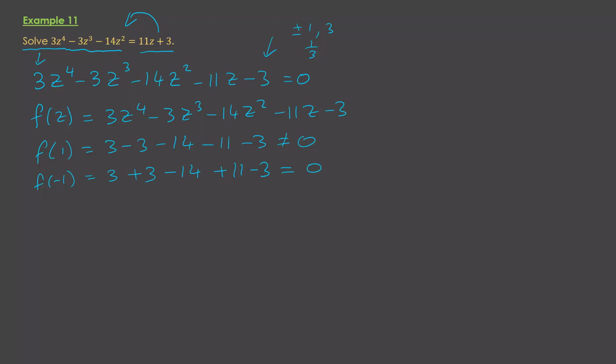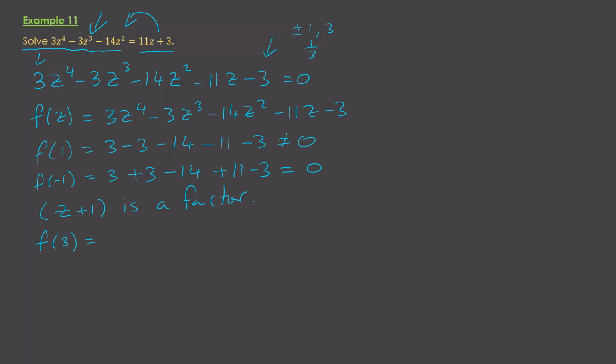And that is 0. So we know that z + 1 is a factor. But because we have a quartic, that's probably not enough yet. So let's have a look at f(3).